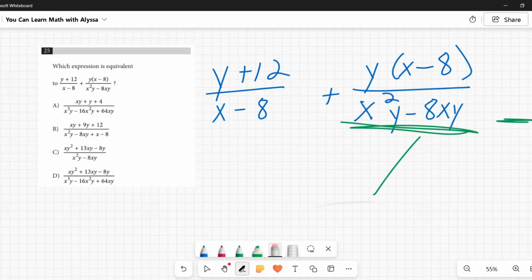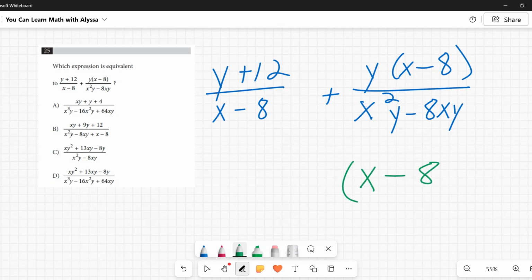That's also possible. Because I see an x there and I see a minus 8 there, I'm like, maybe. Is this x - 8 times something? Could I pull something out to leave x - 8 behind? Well, x²y, what would I multiply it by to get to x?